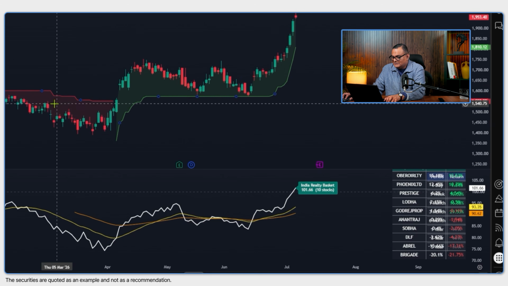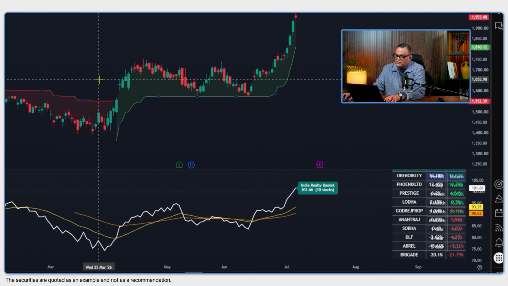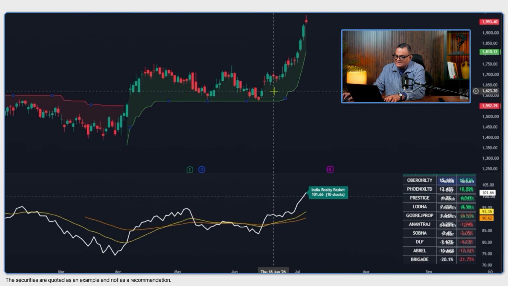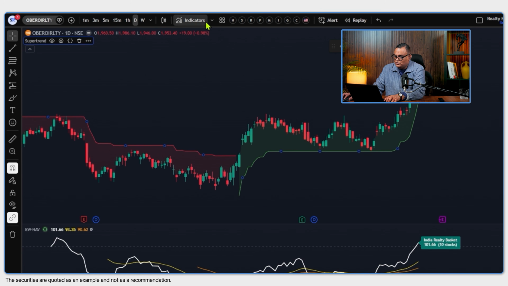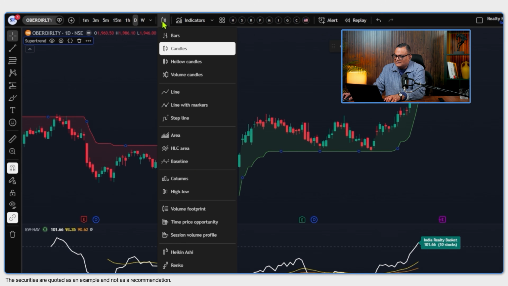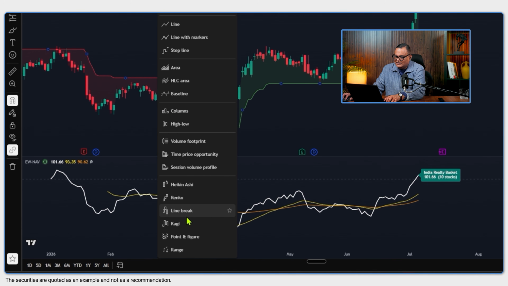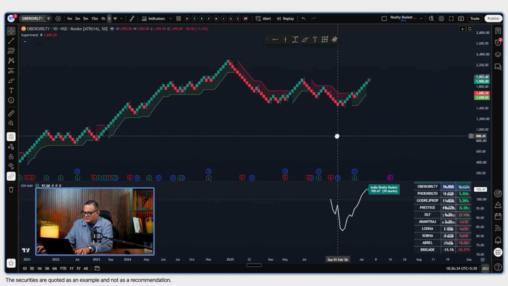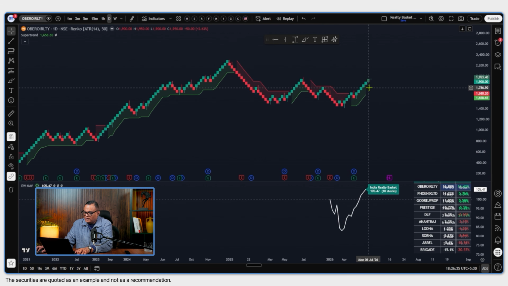This is one. Other than that, instead of a normal price chart like this, you can also use what is known as a price only chart, where, instead of candlesticks, you can use something like a Renko. So here is Renko. And what Renko tells us is it gives a far clearer sense of how the price moves, because it does not include time as a factor.